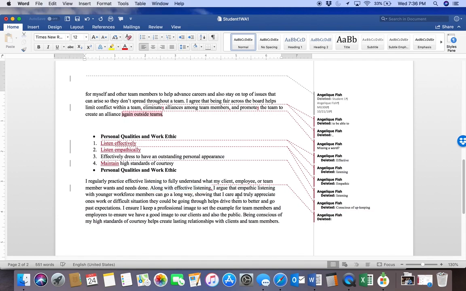I argue that empathetic listening with younger workforce members can go a long way showing that I care and truly appreciate one's work or difficult situation they can be going through helps drive them to better and go past expectations. Whoa.